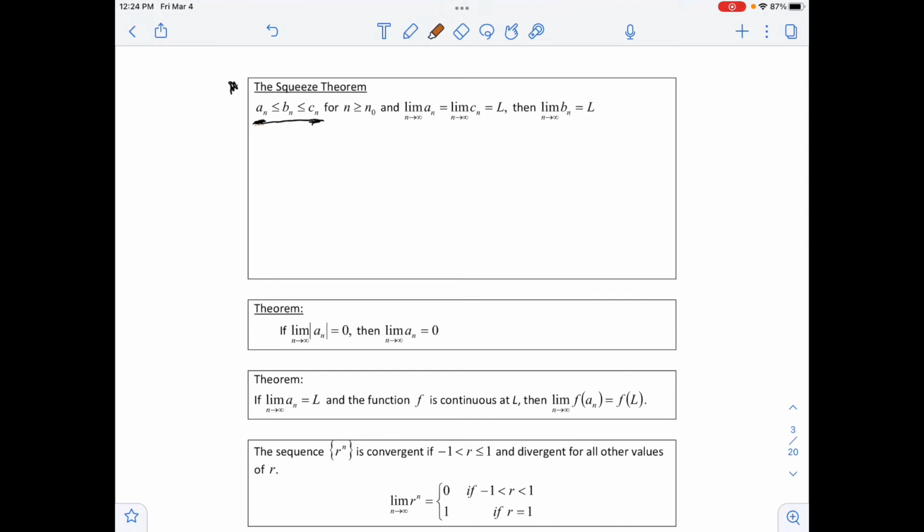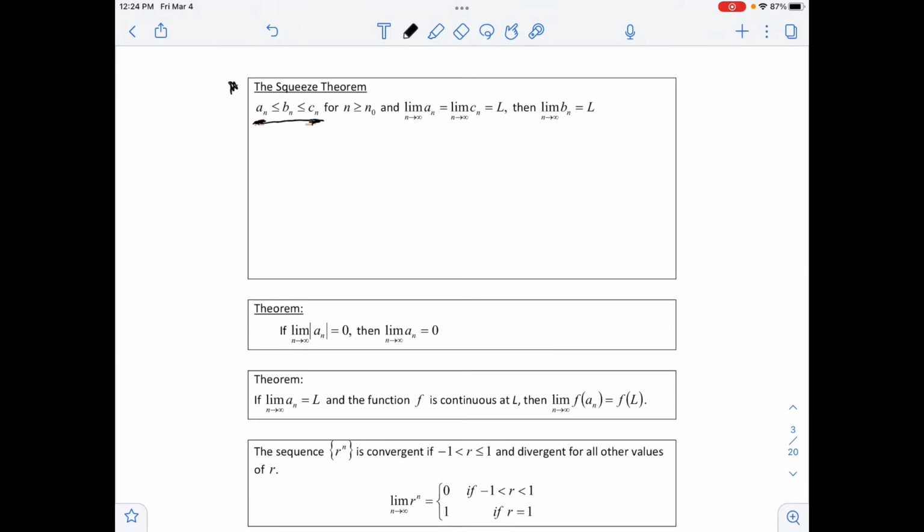So the limits of each of these, a_n and c_n, is what our sequence b_n is bounded between, and those both equal L. Then we can conclude that the limit as n approaches infinity of b_n, squeezed between those two, is also going to be approaching L.